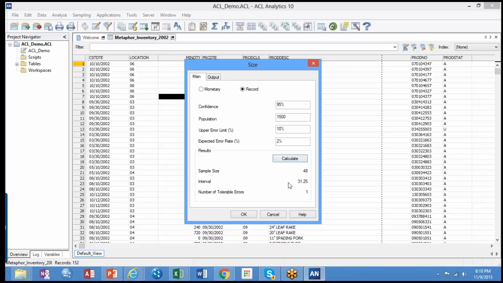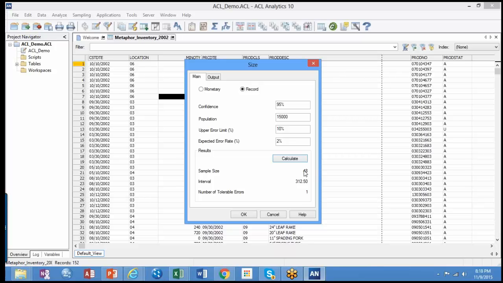Now, I just want to show you how the sampling works. Let's say instead of 1,500 items, we actually have 15,000 items, but we still have an upper level rate of 10% and expected rate of 2%. We do this, and you notice that the sample size doesn't increase.